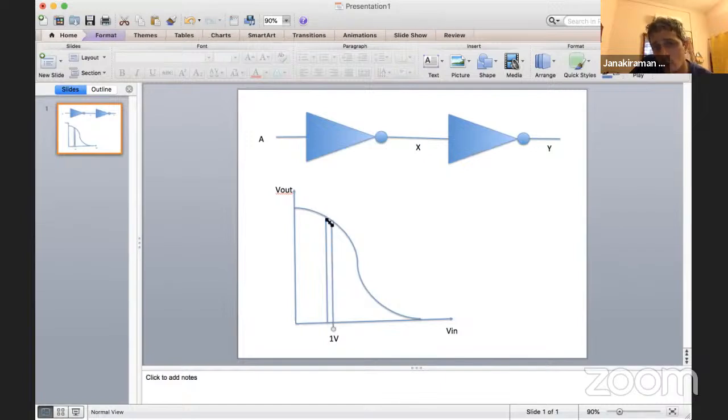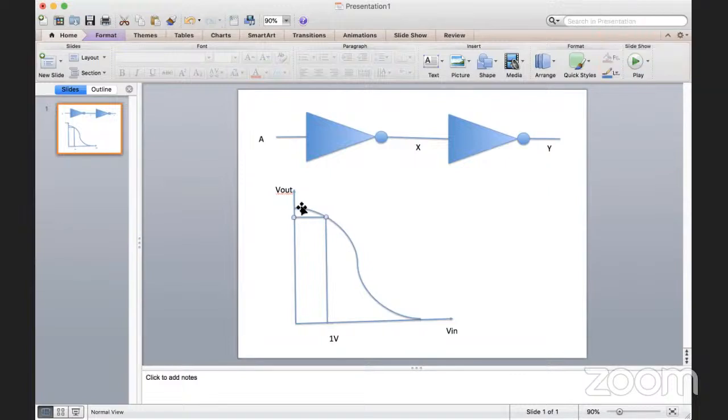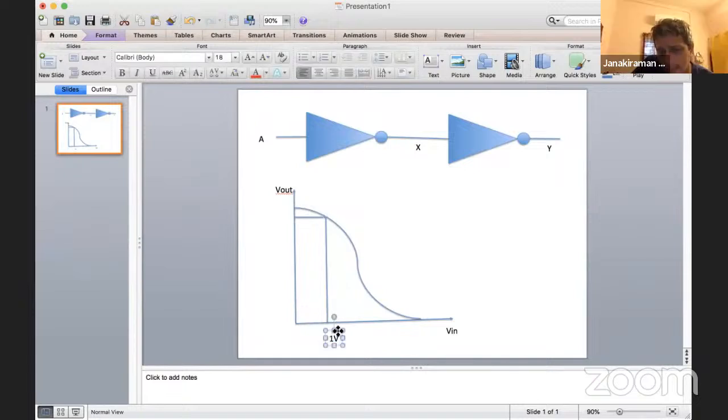So what you must do is, on this curve, for 1 volt, you must find out what V out is. What is that? That is very close to 5 volt, correct? Yes, sir.